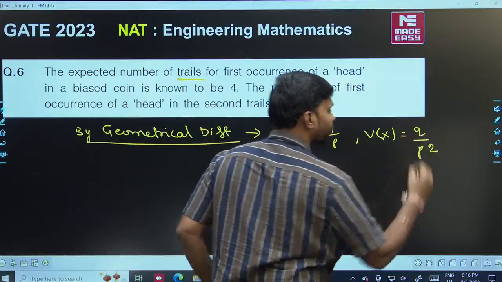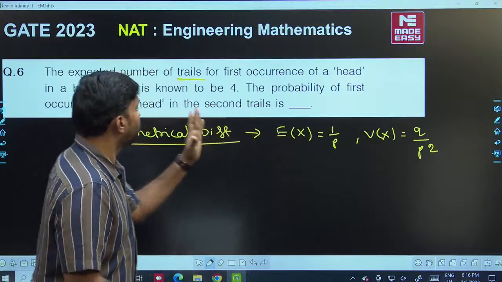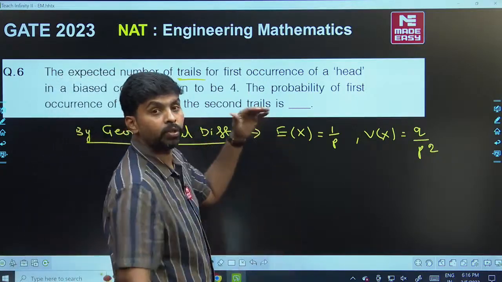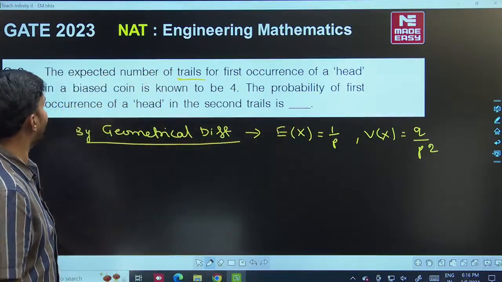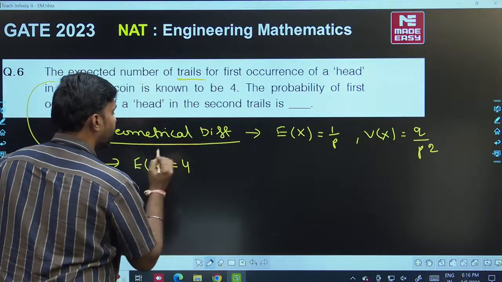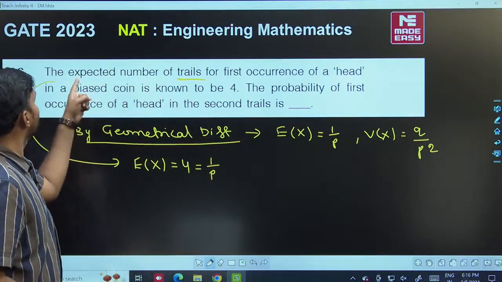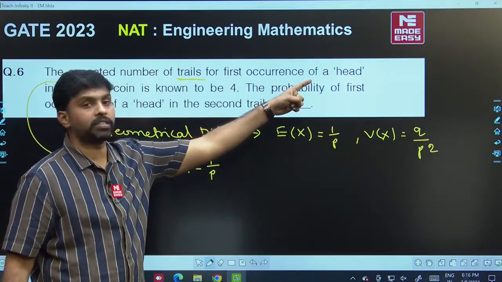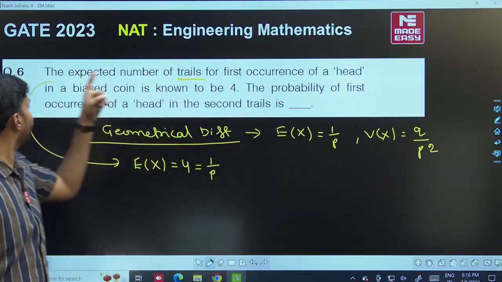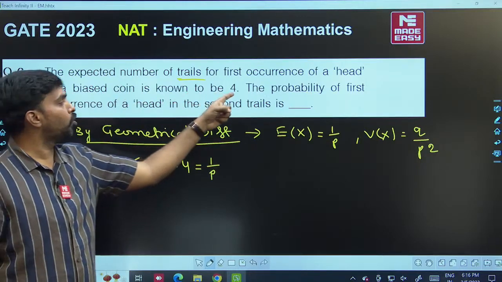We discussed this in the classroom. So those who know the formula can directly get the answer. So for this, E of x is given as 4, which is equal to 1 by p, because the expected number of tosses for the first success in a biased coin is known to be 4.